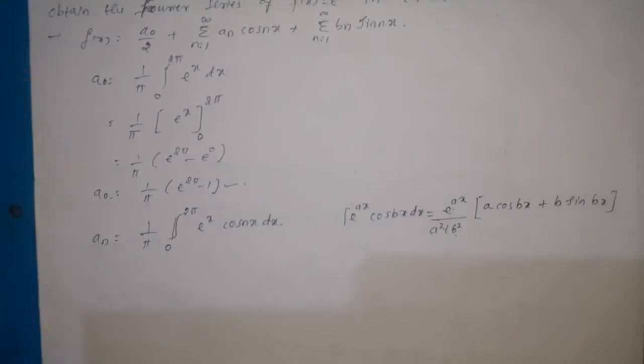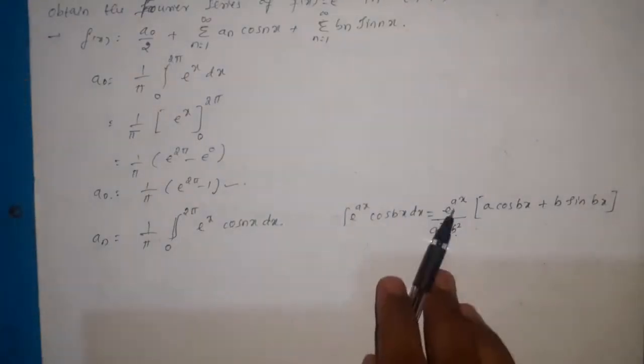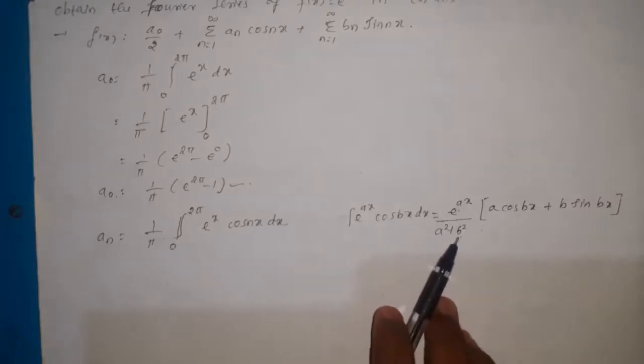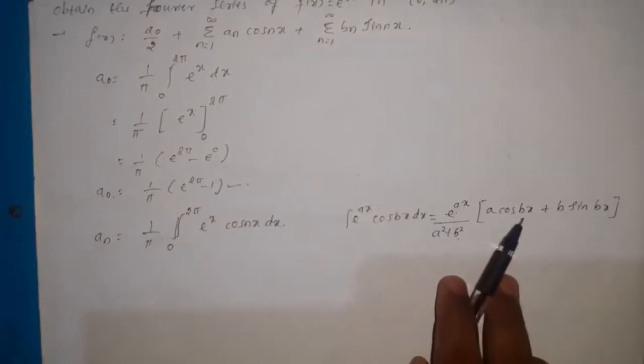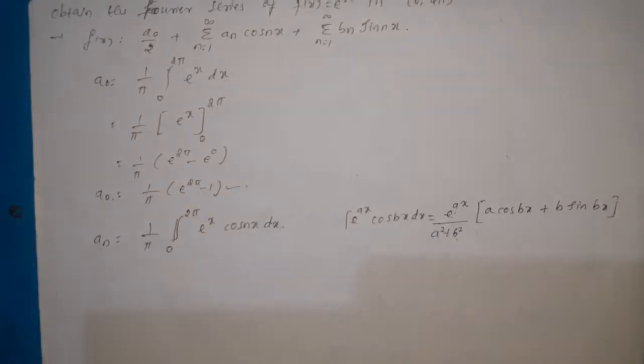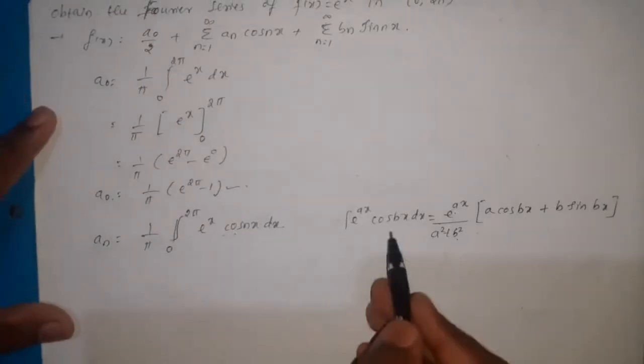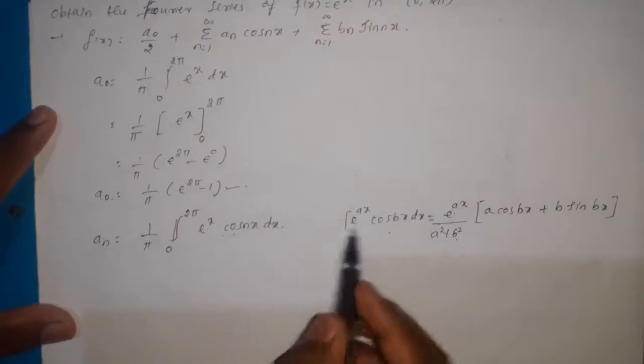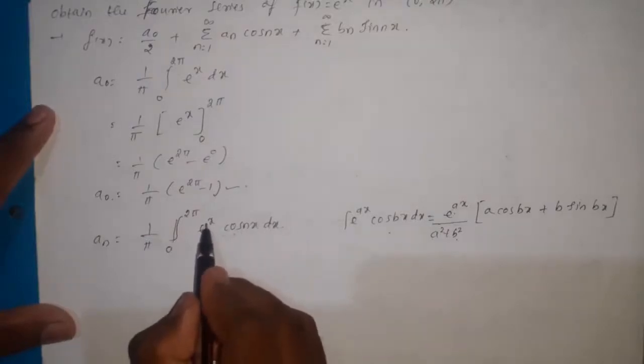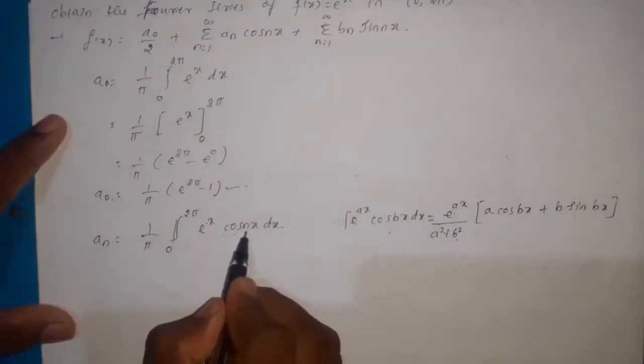So this is the formula of the integration. Now compare this integral with this one. After comparing we get a is equal to 1 and b is equal to n.